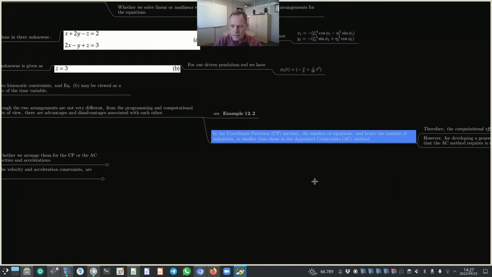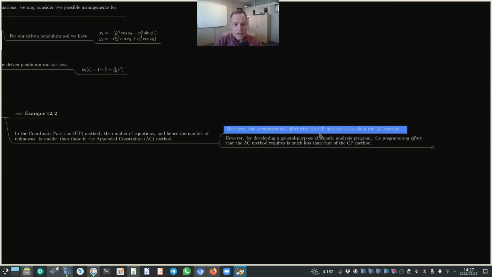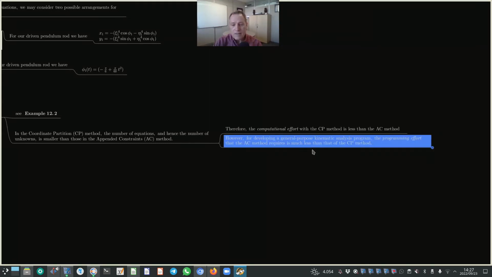Therefore, the computational effort of the coordinate partitioning method is less than the appended constraint method. However, for developing a general purpose kinematic analysis program, the programming effort that the appended constraint method requires is much less than that of the coordinate partitioning method.